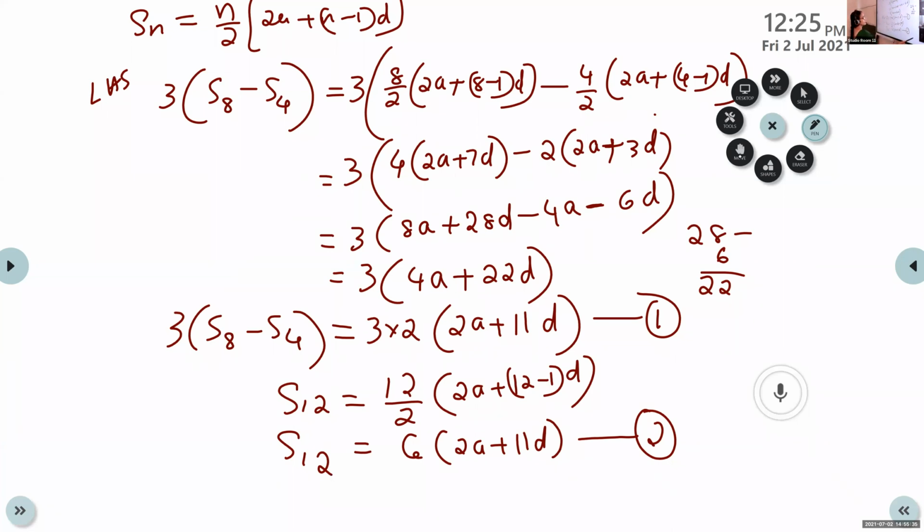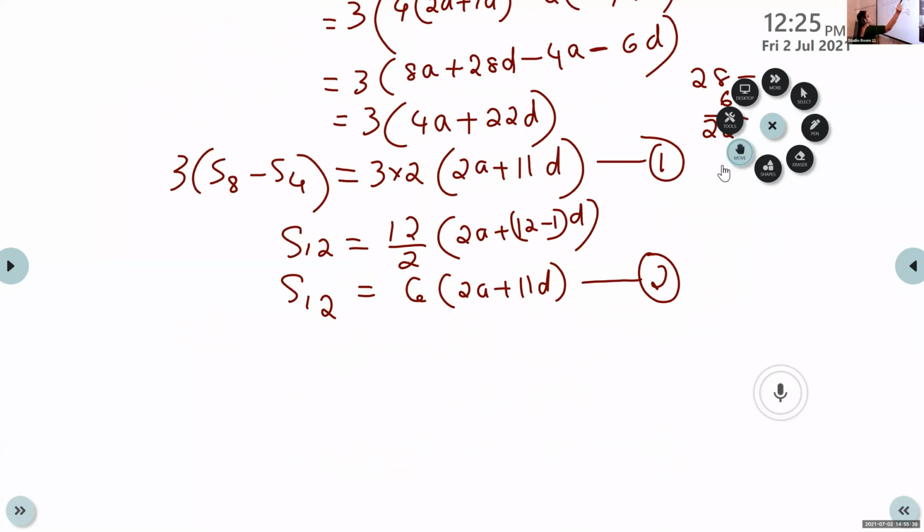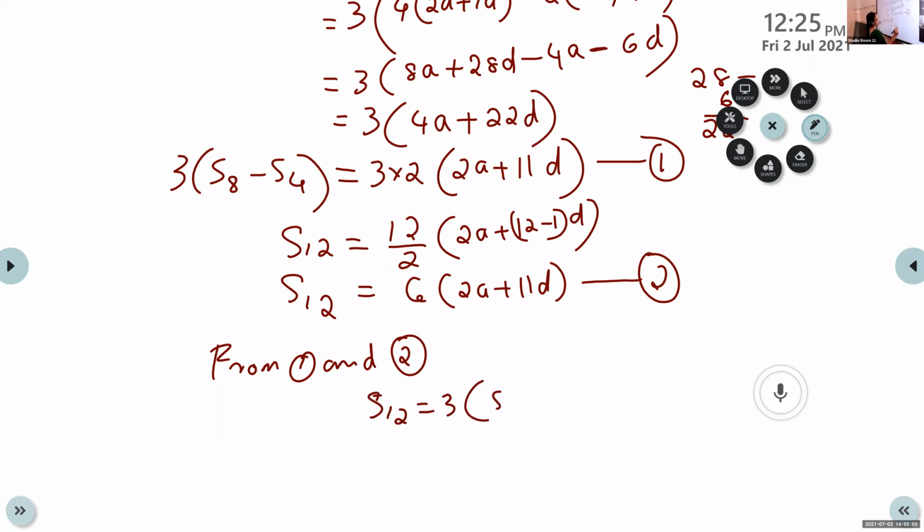From equations 1 and 2, we can write S12 equal to 3 into S8 minus S4.